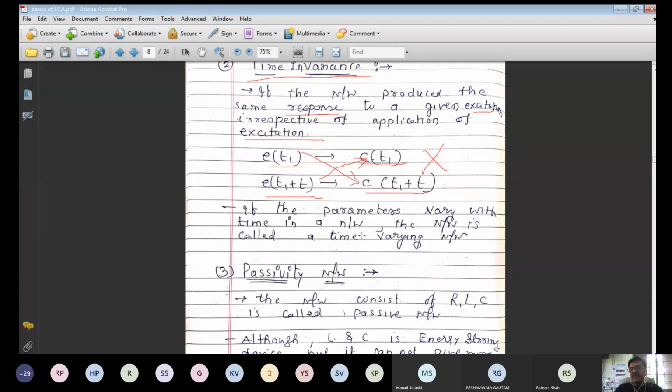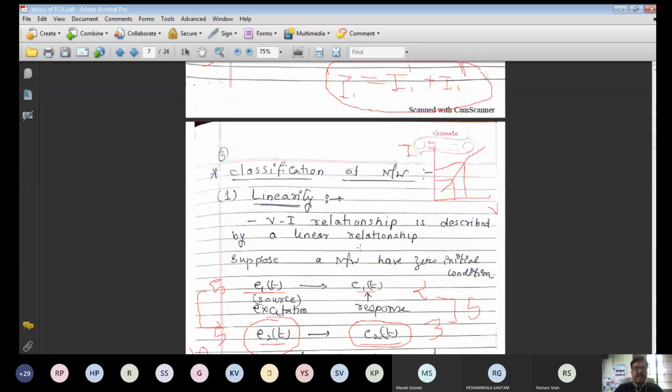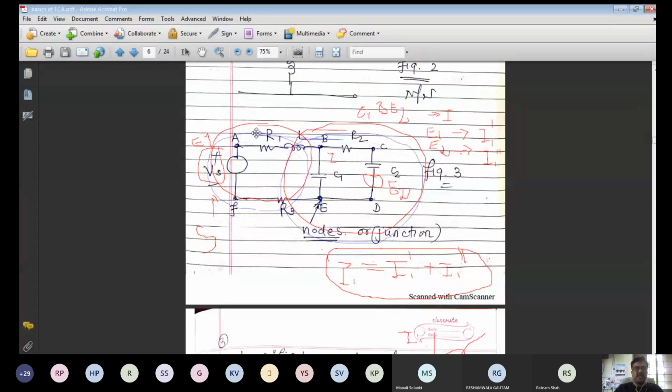Time invariant means the parameters we have connected, like in this, suppose this is a resistance. The resistance is not varying with time. Suppose I apply the voltage for 1 minute or for 2 minutes, the value of the current is the same.